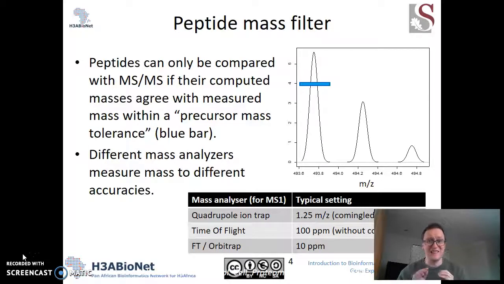These measure mass less accurately because they can't even differentiate all the isotopes that are produced for a given peptide. So in a case like that, we may not know the mass very accurately at all. We may know it within, say, 1.25 mass to charge units, Daltons per charge. So depending on how expensive your mass spec is, you may have a lot of sequences to compare to each spectrum or just a very small number.